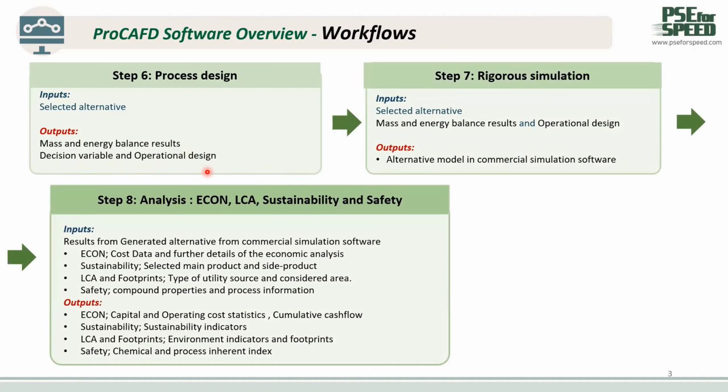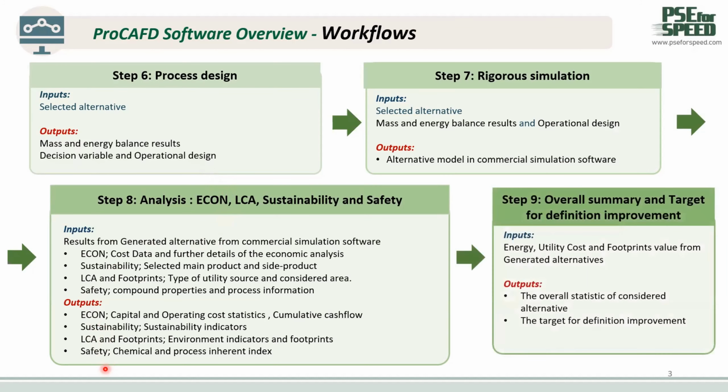Then in step 8, the analysis, the user needs to import the generated report from the simulation file, and then the program will evaluate four sets of analysis: the econ, the sustainability, the LCA, and the safety.